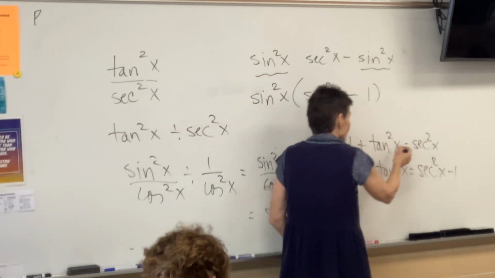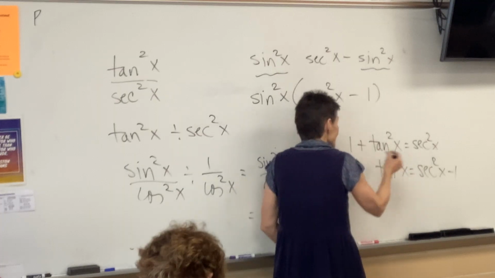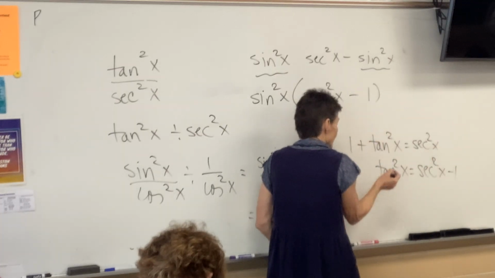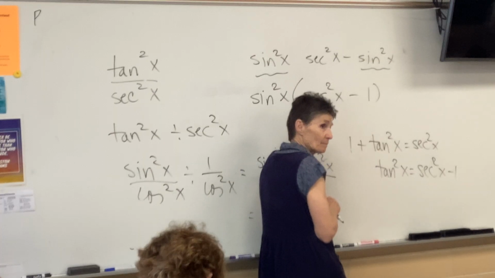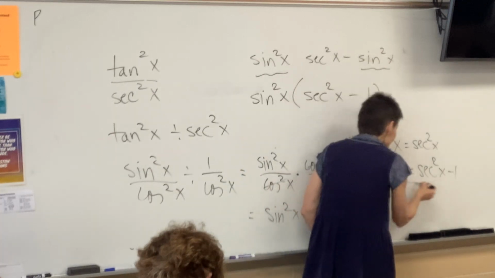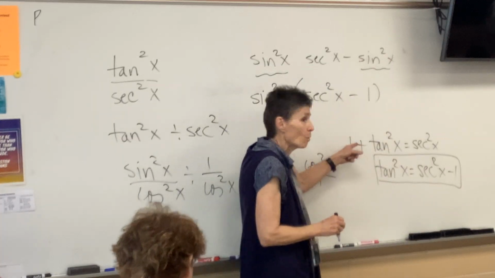Because if you take that formula that's on your sheet, it's minus 1 from both sides. Isn't this what you get? Move this 1 to the other side. You can write this down on your sheet too if you want. It's just a different form of this one.